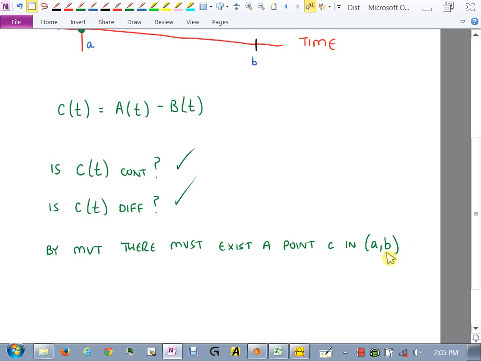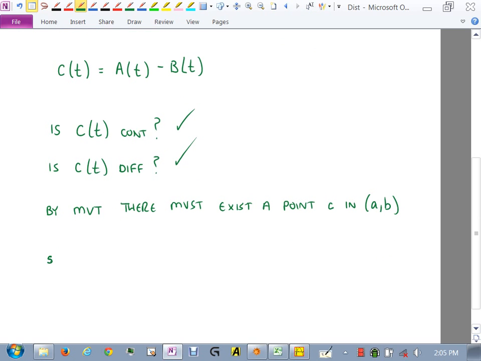Inside AB, somewhere inside, after they started, before they ended, such that the derivative of capital C at that point, little c, must be equal to what? C of B minus C of A over B minus A?